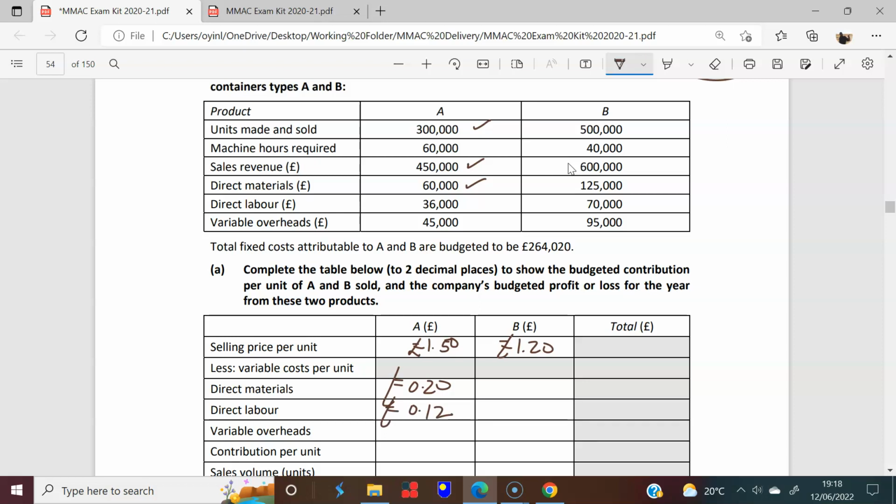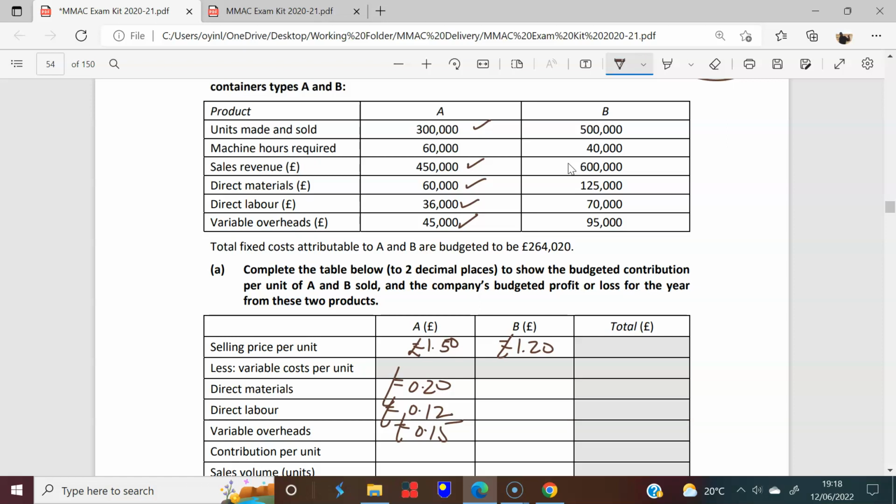And of course we have the variable overhead, which is 45,000 divided by the 300,000, which is 15p. So we have that all done and sorted by the units. And we literally repeat the same thing.